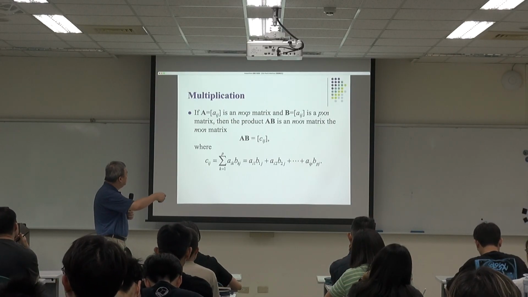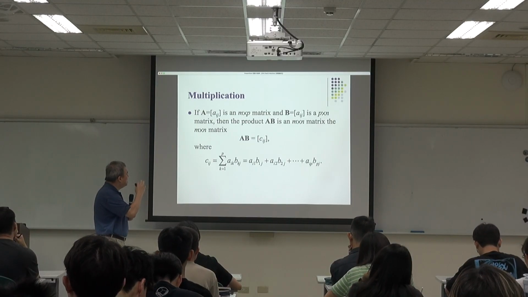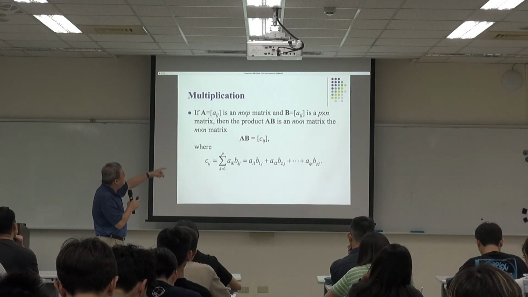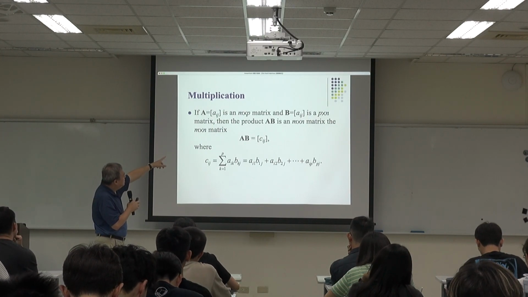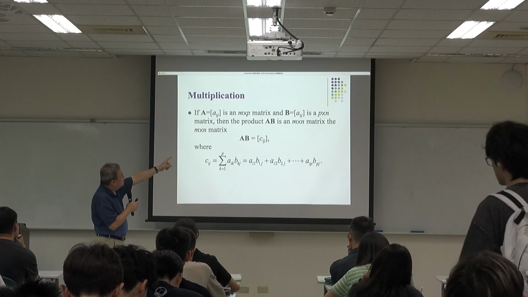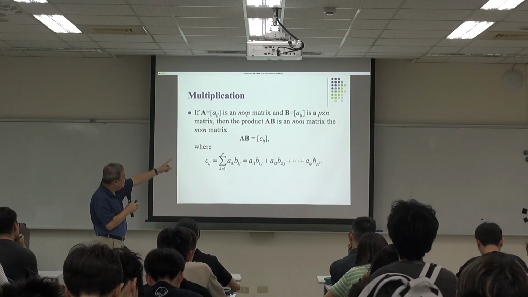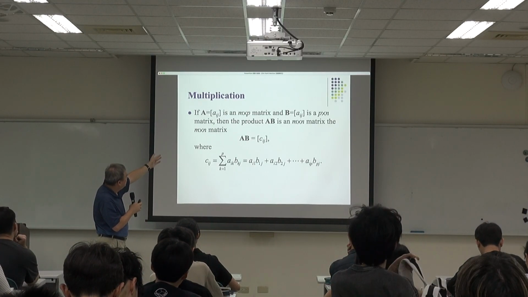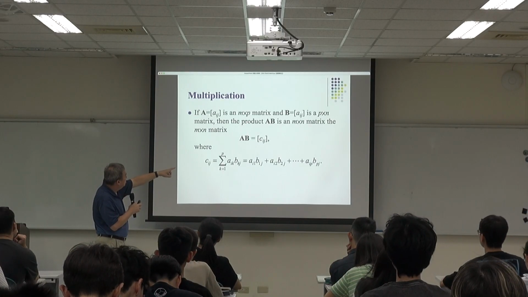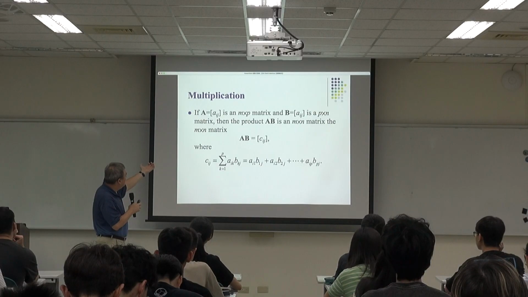In other words, the first matrix, the one in front of the multiplication, its number of columns has to match the second matrix's number of rows. The first matrix has p columns, the second matrix has p rows, and the resulting matrix will be n by n.